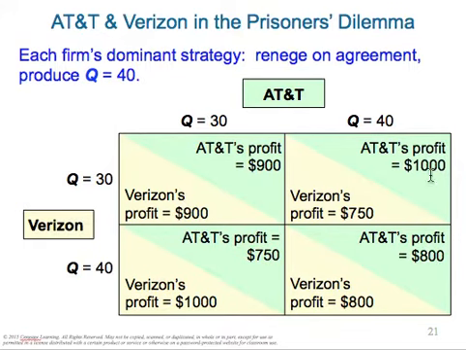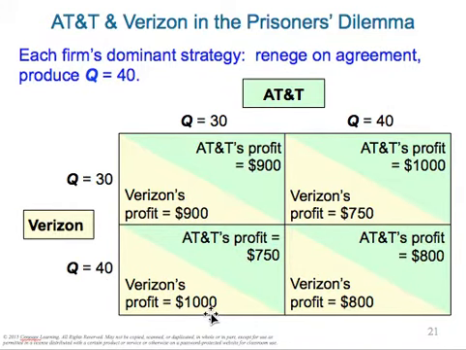So you can put two check marks in the produce 40 column for AT&T. So Verizon's best thing that they can do, highest payoffs, is produce 40, and AT&T's best thing to do is produce 40. Okay, their individual strategies. The dominant strategy for AT&T is to produce 40. The dominant strategy for Verizon is to produce 40.